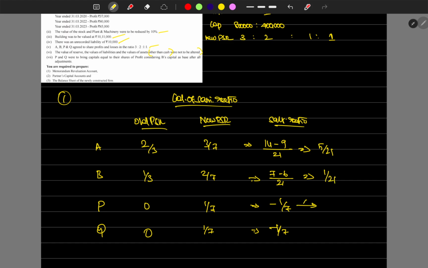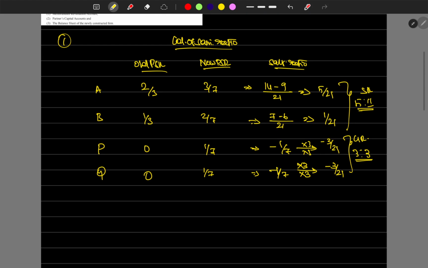This would be minus 3 by 21, minus 3 by 21. Okay, so the sacrificing ratio is 5:1. The gaining ratio is 3:3, right? Okay, we found out the sacrificing ratio and gaining ratio.